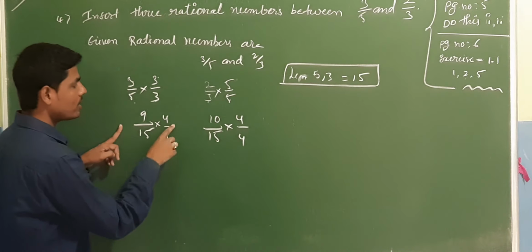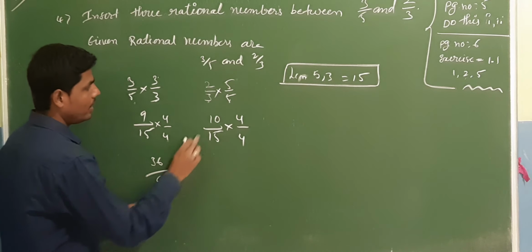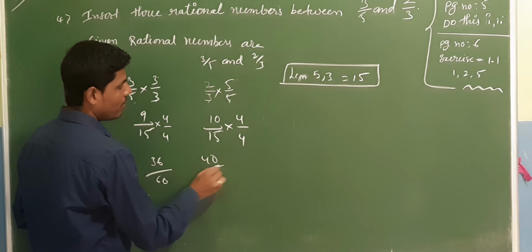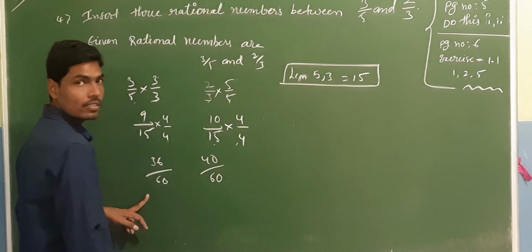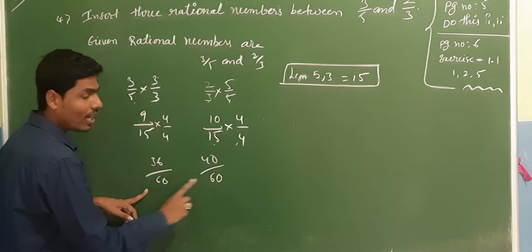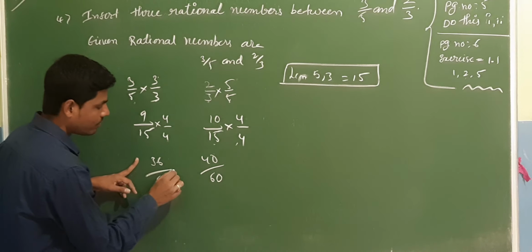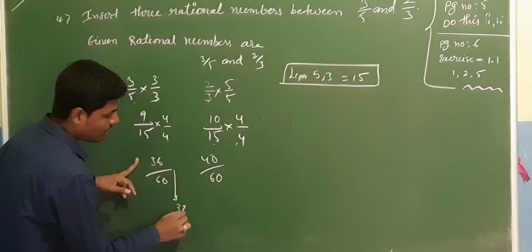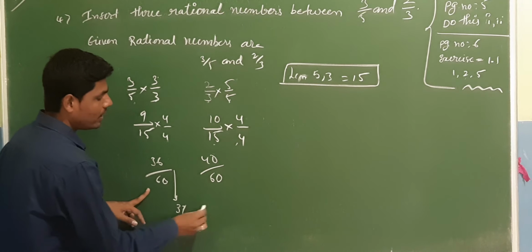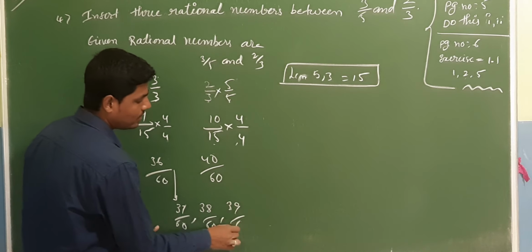Now 9 4s are 36 by 15 4s are 60. Here 10 4s are 40 by 15 4s are 60. Now this is 36 by 60, 40 by 60. Both are like fractions, and after 36, what number will come? 37. 37 by 60, and after 37, 38 by 60 and 39 by 60.